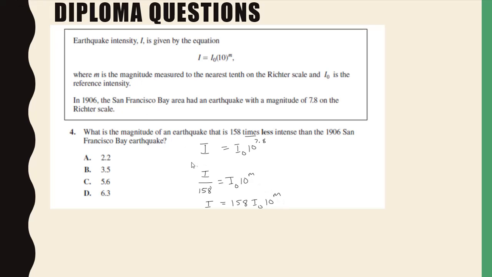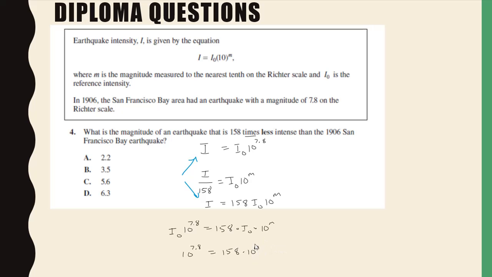Well, now because these are both equal to the same variable, then we can say I sub O times 10 to the power of 7.8 is equal to our second equation, 158 times I sub O times 10 to the power of m. And we can divide both sides by I sub O. That's a constant. It's not something that changes, so you're allowed to do that. So you get 10 to the 7.8 equals 158 times 10 to the power of m.